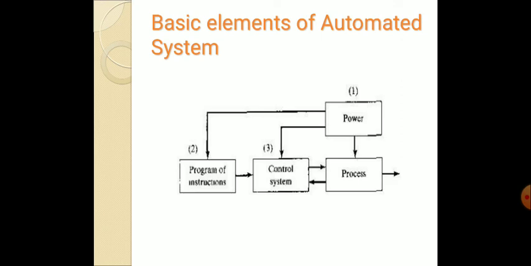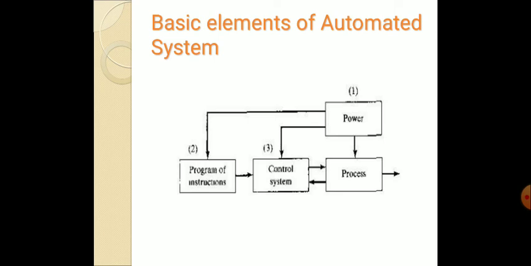Next, it comes to the program of instructions. The actions performed in an automated process are defined by the program of instructions. Whether the manufacturing operation involves low, medium, or high production, each part or product style made in the operation requires one or more processing steps that are unique to the style. Next one is the control system. The control elements of the automated system execute the program of instructions.